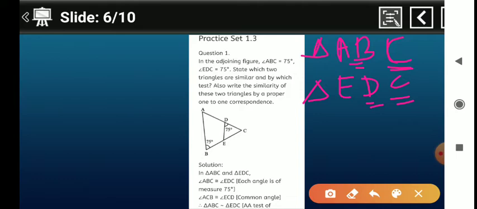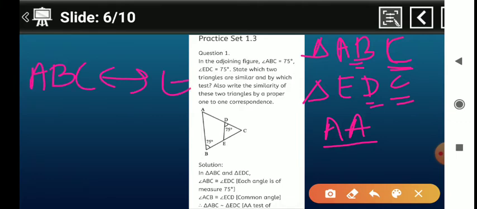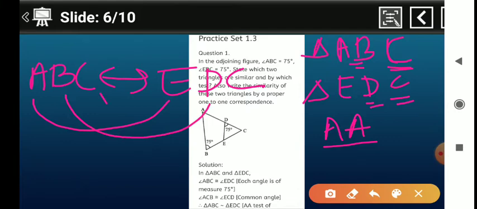So from this we get two angles and therefore the test of similarity is the AA test of similarity, and the correspondence is like this. ABC corresponds with EDC, that is point A corresponds with E, B with D and C with C. So this is the one-to-one correspondence. See the answer here.